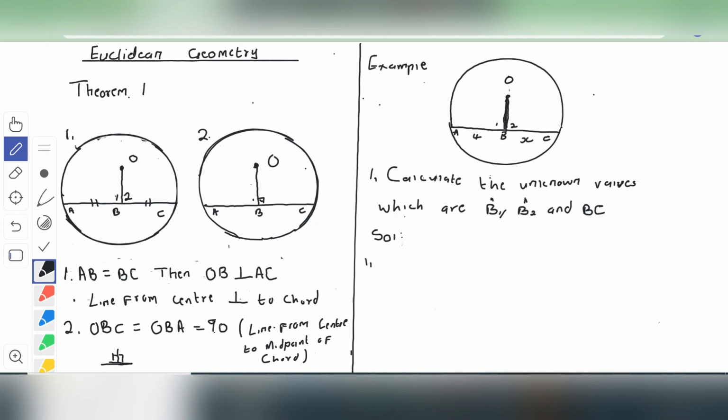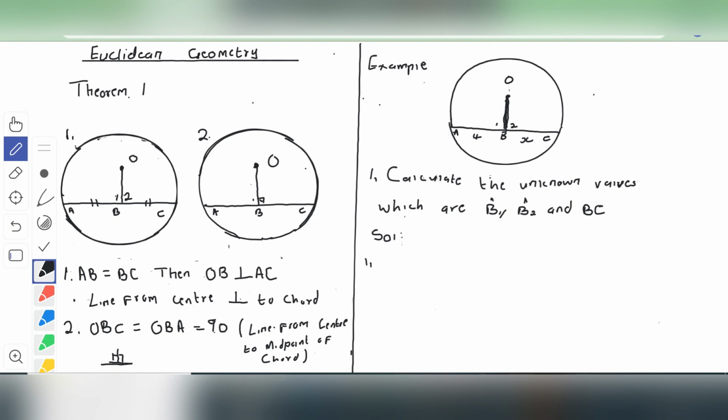Okay guys, remember from the theorems, most of the time they are not going to tell you that you have theorem 1, theorem 2, or even the statement. They don't tell you, let's say, sometimes that OP bisects the chord, or that the line from the center bisects the chord.